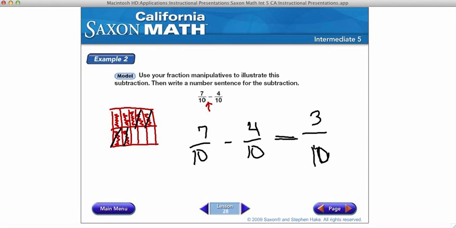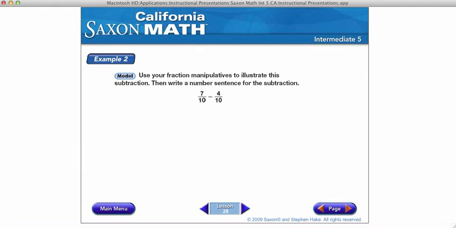The denominator indicates my units, how many pieces a shape has been broken into. The top tells me how many of those pieces I have. So I started with 7 out of the 10. I took away 4 of those 7, and I'm left with just 3/10. Okay? All right, let's move on to example 3.